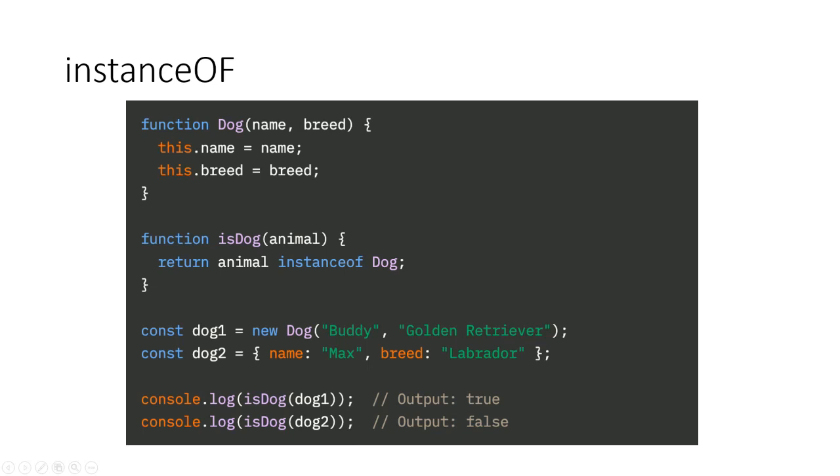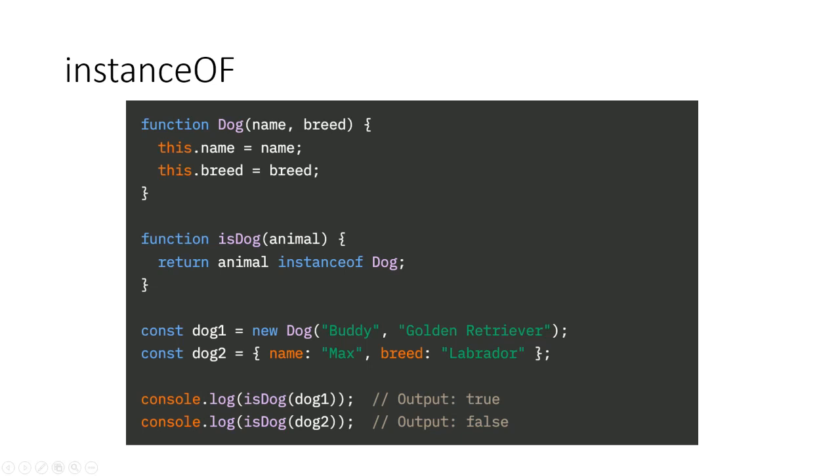And this is going to return true. Now you can see in dog2, it's doing the same thing, right? It has an object with two properties, name and breed, just like your functional constructor up at the top, Dog. However, this does not follow the functional construction convention, which is using a new keyword and then the Dog function name.